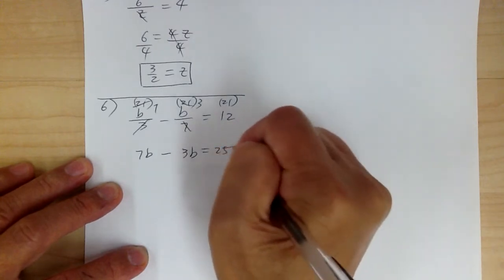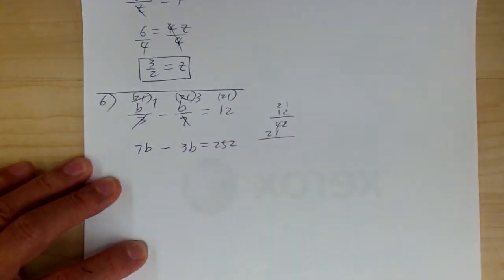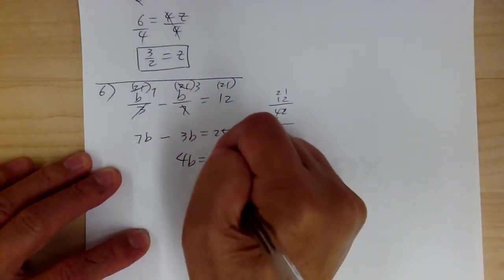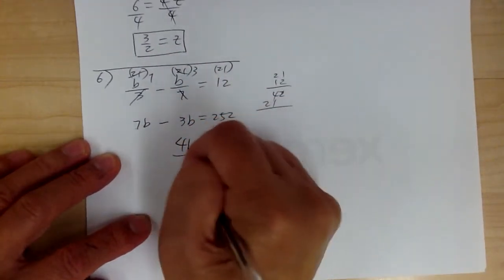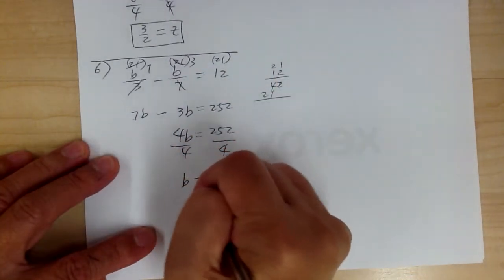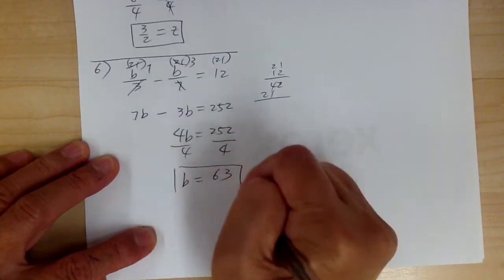So you get 252. Okay, so you subtract, you get 4b equal to 252. Divide by 4, divide by 4. Okay, so b equal to 63.